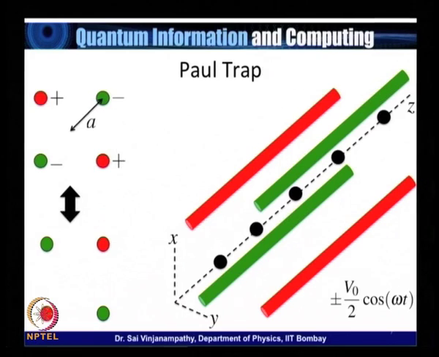So the spinning saddle idea inspired what is now called the Paul trap. The Paul trap consists of 4 electrodes, which I've indicated in red and green here, and the ions are along the z-axis in the center.